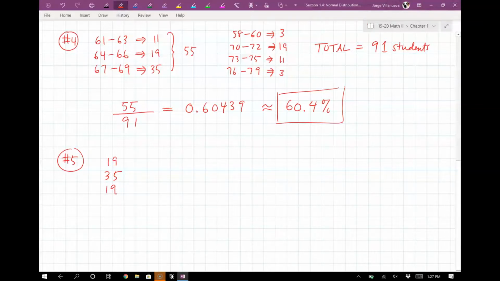And 73 to 75, there was 11. That's the total number of students that they want me to figure out. Okay? So 19 plus 35 plus 19 plus 11 is 84. Well, I got to divide that number by the total, right? So that would be 84 divided by what? 91, right? So that comes out to 0.92307, which is approximately what percent?